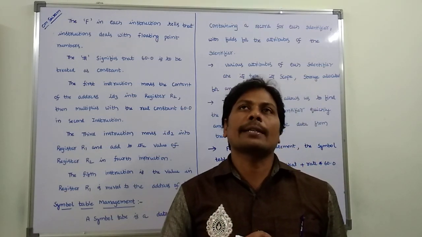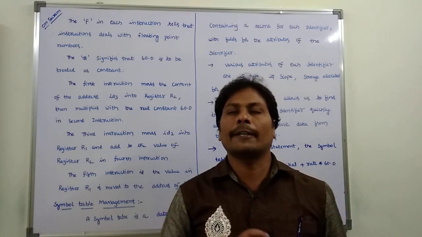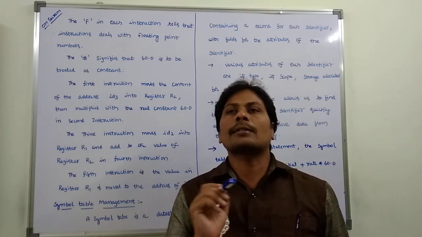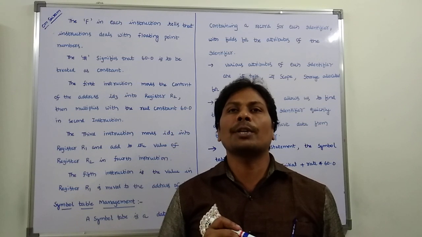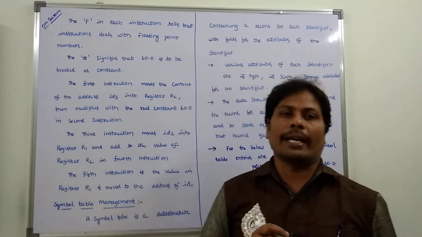Next, #60.0 represents the constant. If the symbol # is before 60.0, then it is treated as a constant.